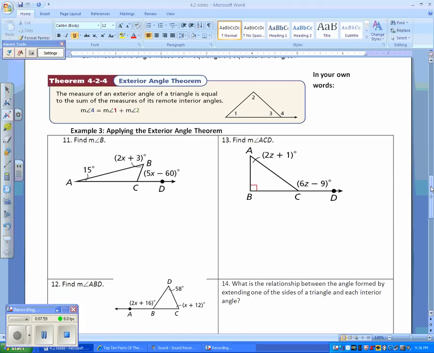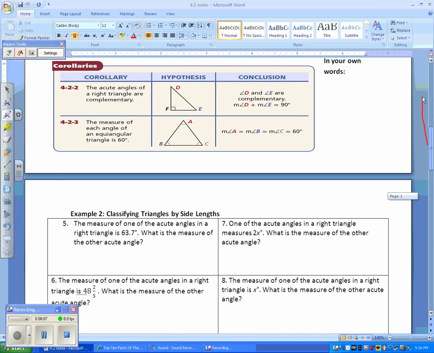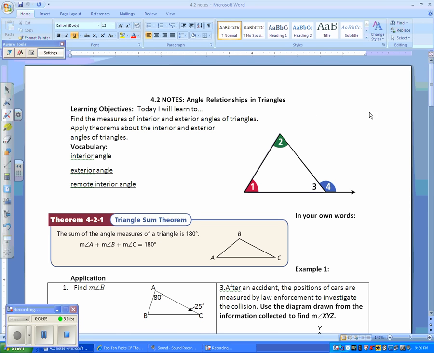Okay, one last one. You guys are doing great. The exterior angle theorem. This is where we're going to go back to the front and talk more about the vocabulary, because remember, our vocabulary said that an interior angle is inside and an exterior angle is outside, and then I left the remote interior angle blank. Now the remote interior angle deals with the exterior angles and some of the interior angles.